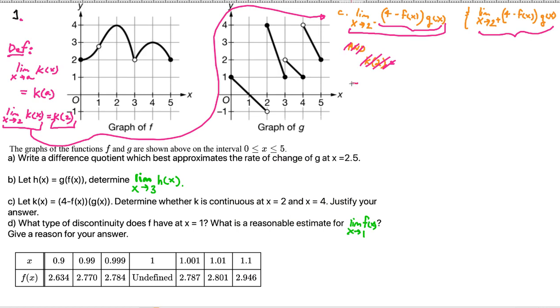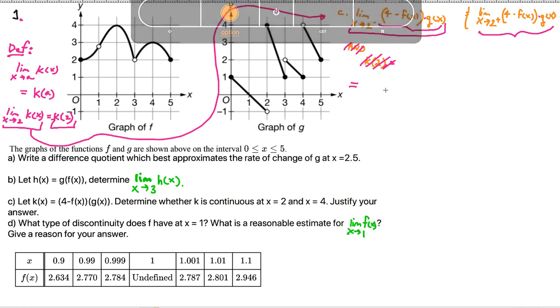To do this, you want to use your limit laws in both cases, and I'm going to do it from the left hand and from the right hand simultaneously. The first thing that you should notice is that this is a product, and that means that we can split it along that product.